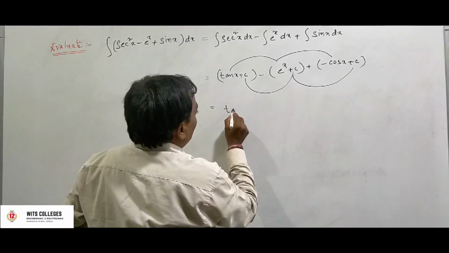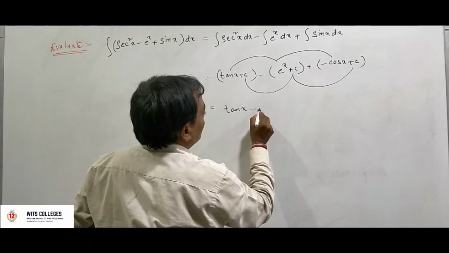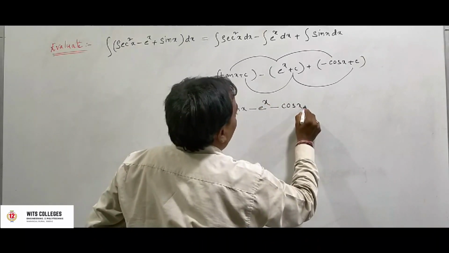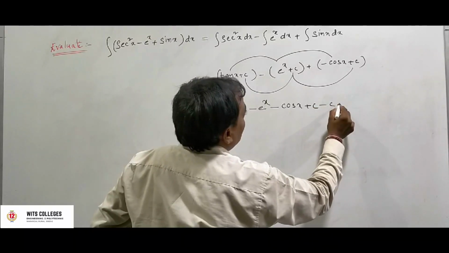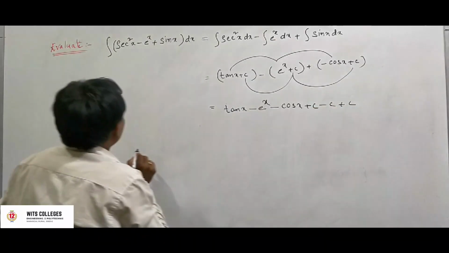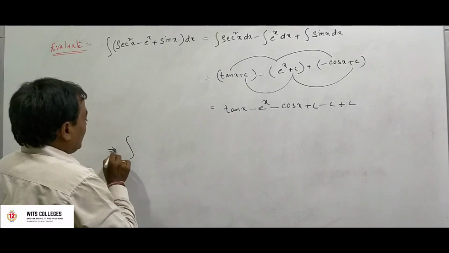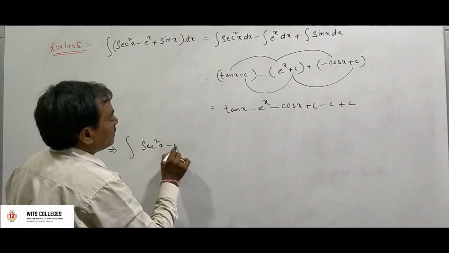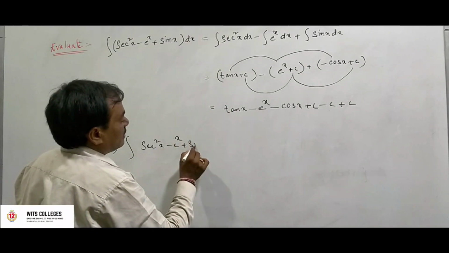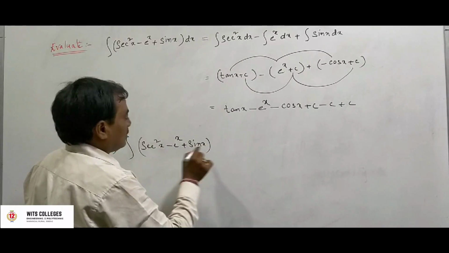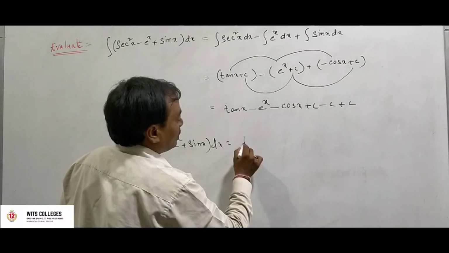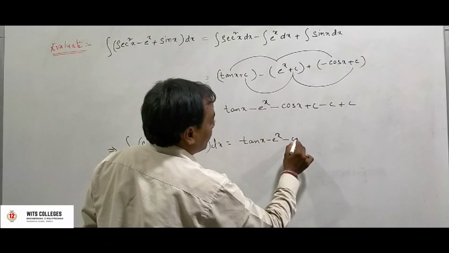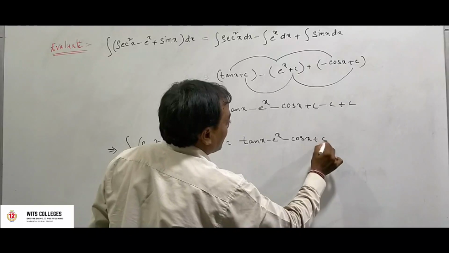So tan x minus e power x minus cos x plus c minus c plus c. So finally we get integral secant square x minus e power x plus sin x dx equal to tan x minus e power x minus cos x plus c.